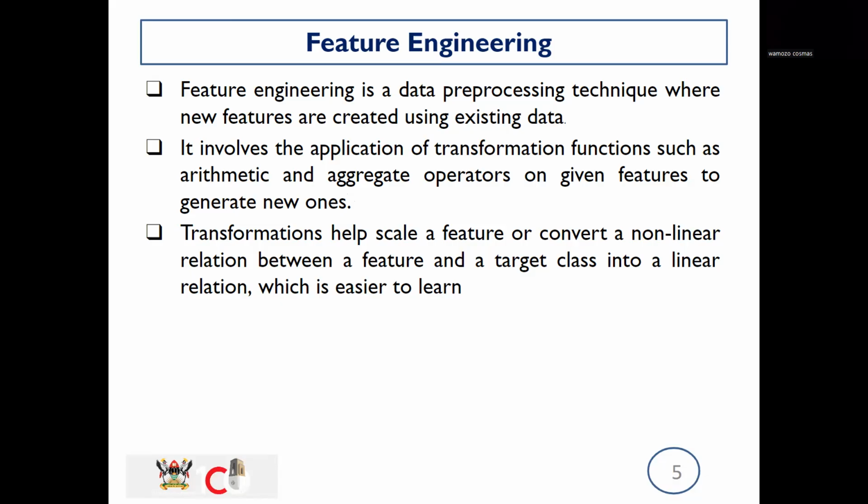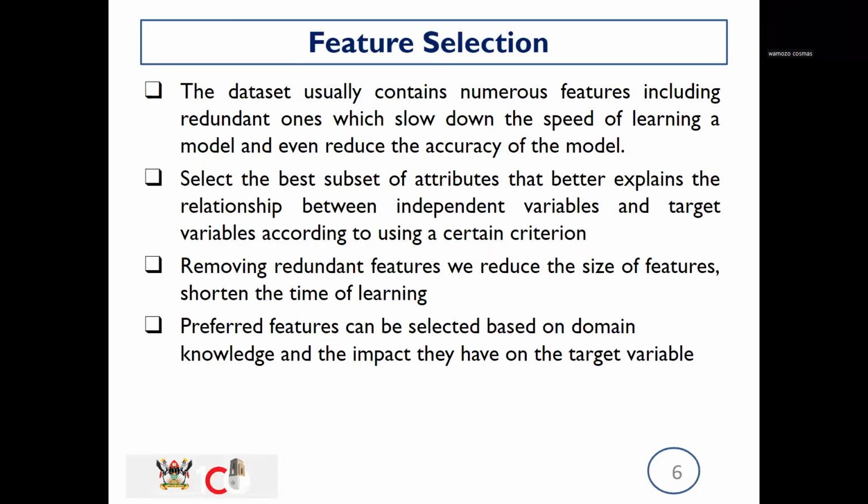And then maybe you come up with a new feature like the distance they travel by calculating the geographical distance between the two points. So you can come up with several features that describe the relationship that can help you make better predictions.